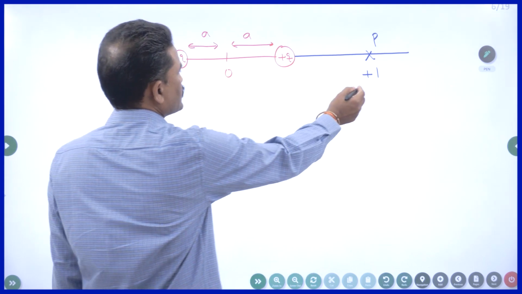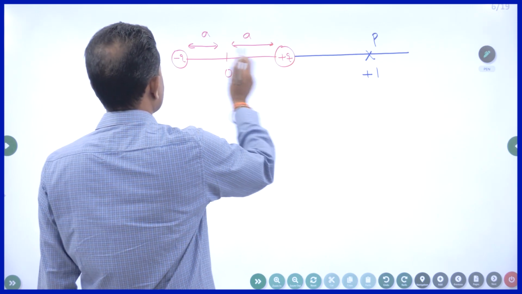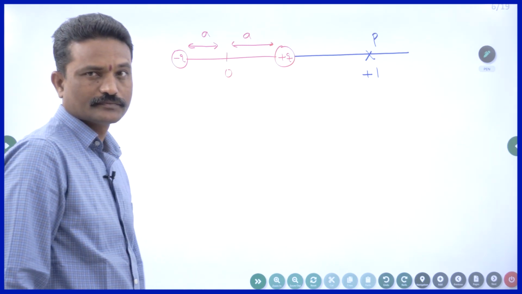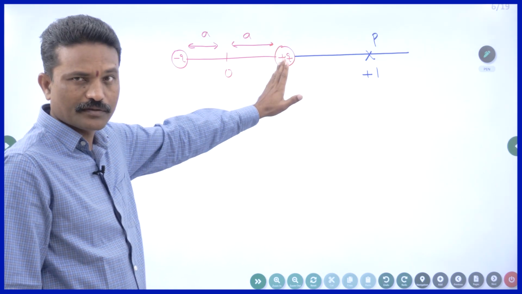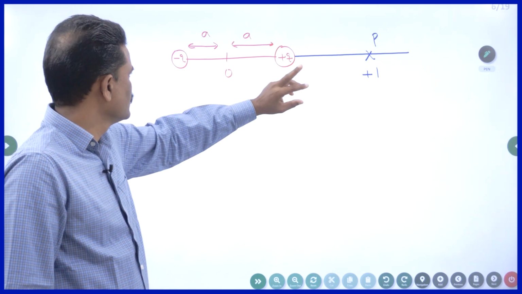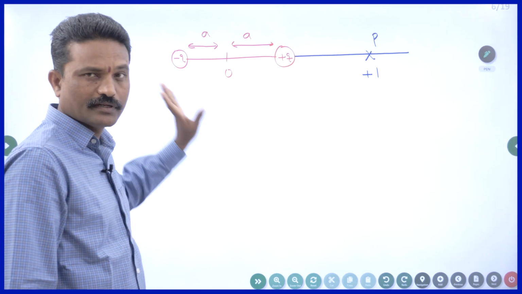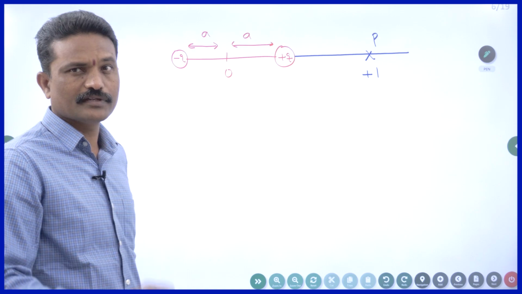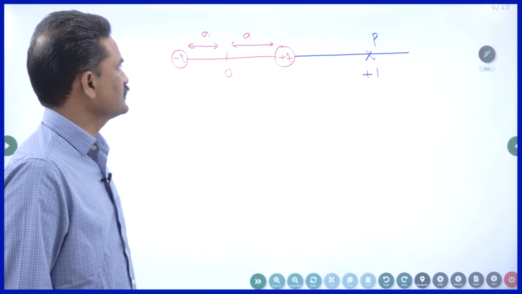This unit positive charge is repelled by this positive charge, and simultaneously it is attracted by the negative one. So the small charge is repelled by the bigger positive and attracted by the bigger negative. Unit means very, very small. Is this clear? So two forces are acting.